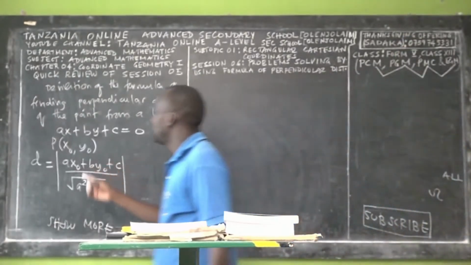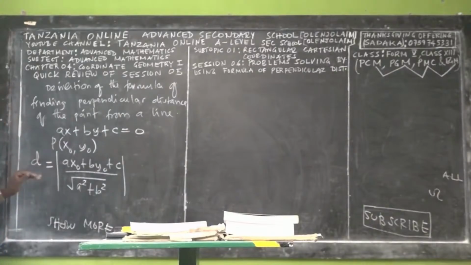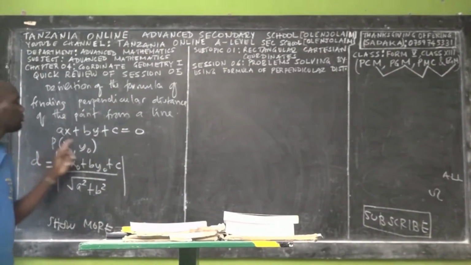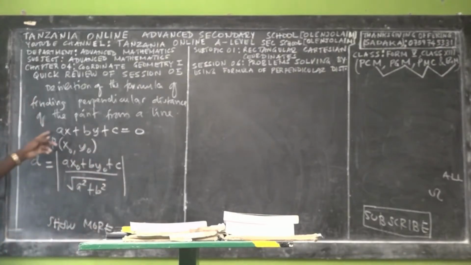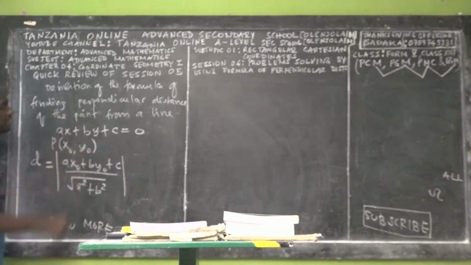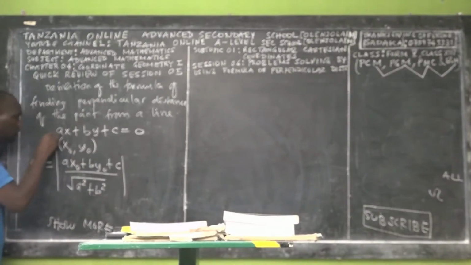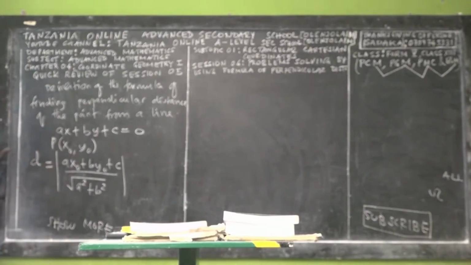This is the general formula of finding the perpendicular distance of a point from the line, whose equation is ax + by + c = 0. The point, which we call P, is (x naught, y naught). Finally, this is the general formula, whereby the values of x naught and y naught will be given.